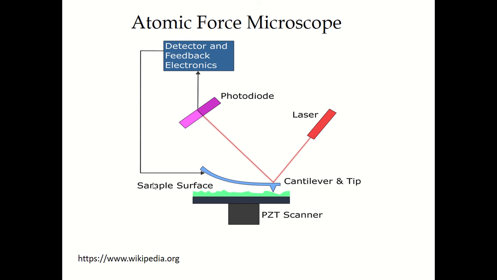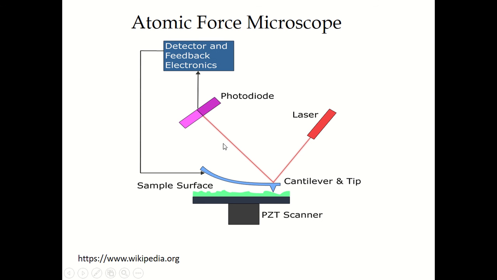Now, when the tip is over a hill, that means over an atom, then the distance between tip and surface decreases. As the distance decreases, van der Waals forces of repulsion act on this tip. As the tip is repelled, that means deflected in outward or upward direction, the reflected laser beam changes its position.